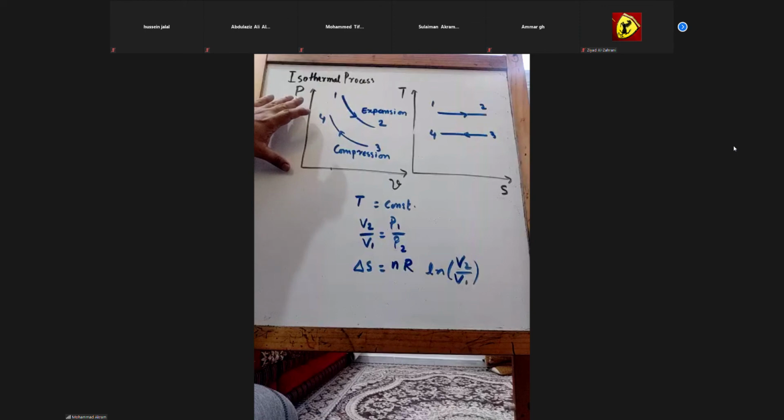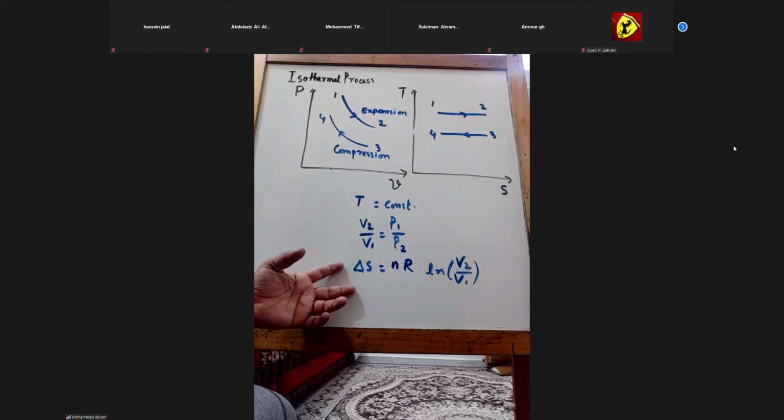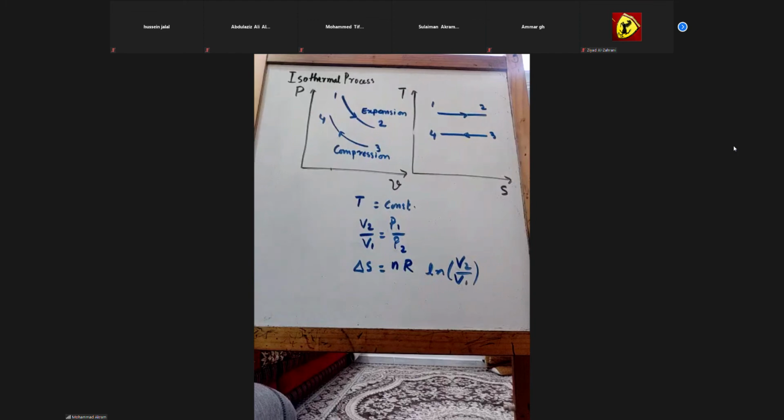So the linear relation is in TS. You mean why we have the natural logarithm in the delta S? Yes. Okay.